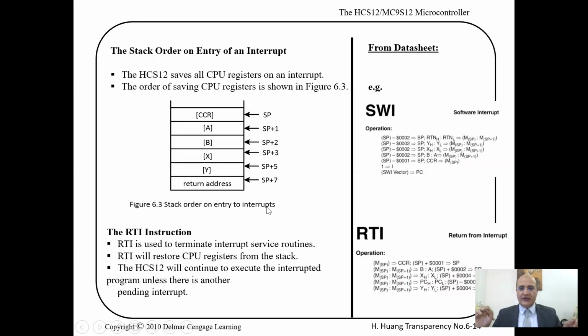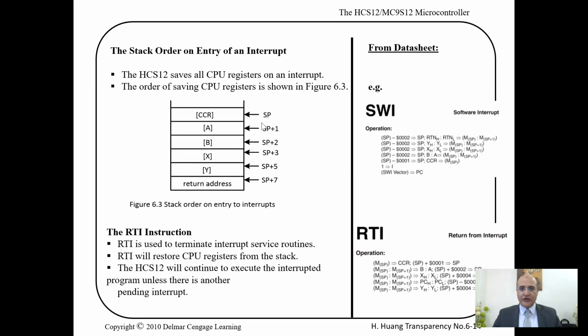So last time when we did the IRQ, if you were single stepping and monitored what's happening in Code Warrior, if you go to the stack, you will see the return address, which is the program counter low and high, register Y, register X, every one of these taking two locations, one location for B, one location for A, and one location for the CCR register.